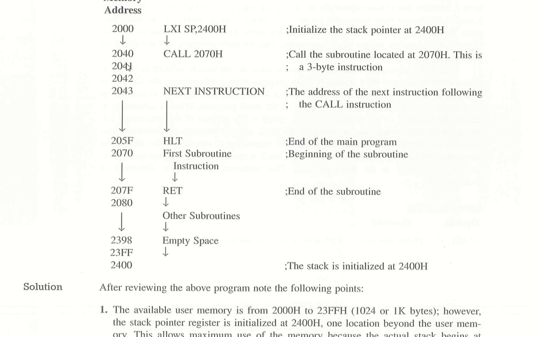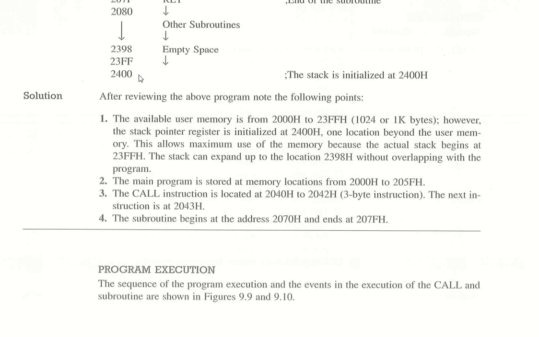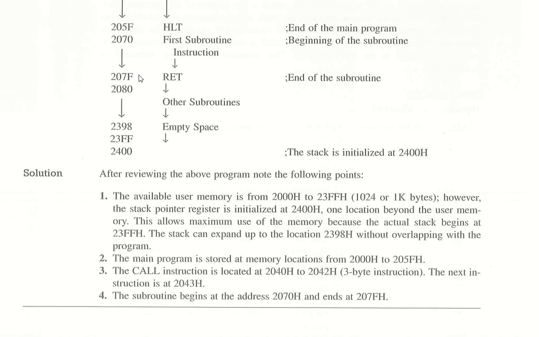See, it's a 3-byte instruction. So 2040, 2041, 2042, all three have been occupied by the call instruction. Then the next instruction is getting executed at 2043H, and the subroutine will begin at the address 2070H and it will end at 207FH, as you can see, right? 2070H the first subroutine, and then 207FH the return.